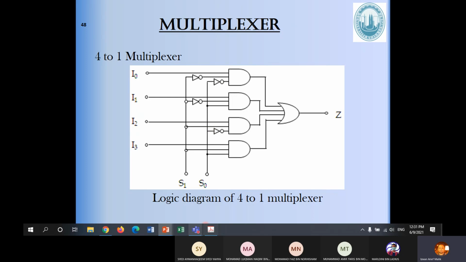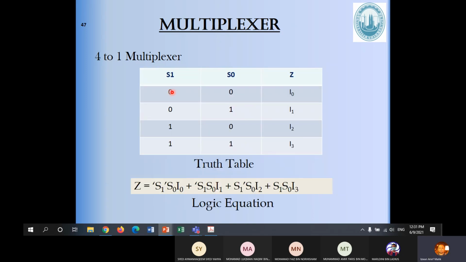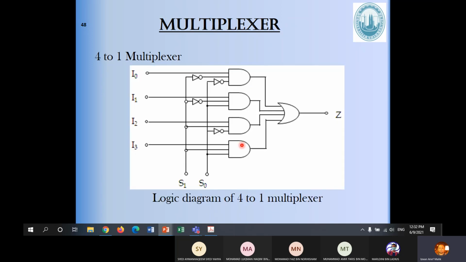NOT gate ni just nak bezakan truth table punya input tadi. Whichever 0 kita notkan, yang 1 kita tak notkan. And then each data input is connected to its priority input lah. The first one to I0, I1 to the second one, I2 to the third one, I3 to the fourth one. And each of the selectors' connection is going through each of the AND gates.